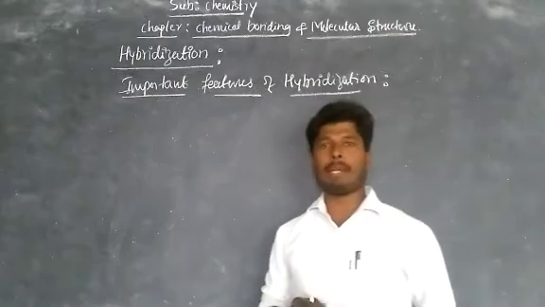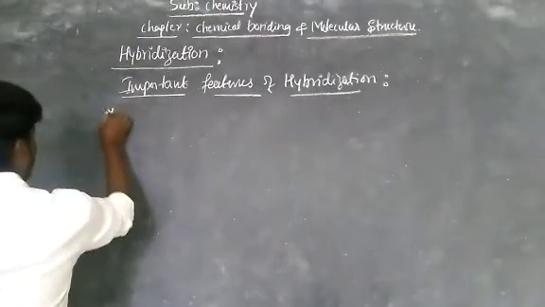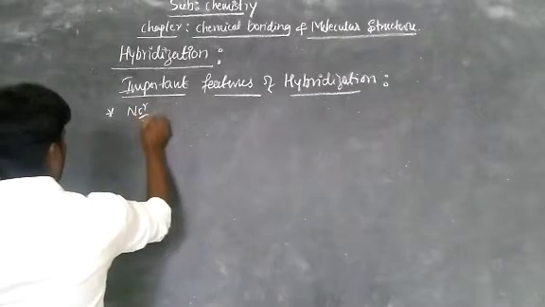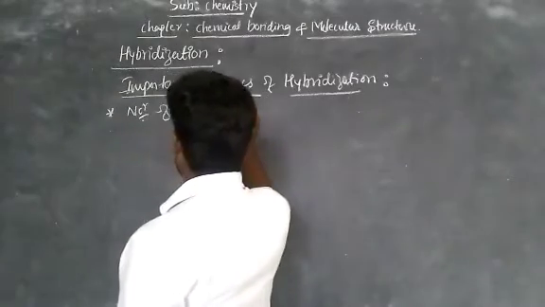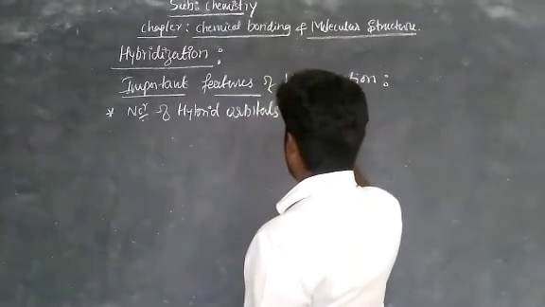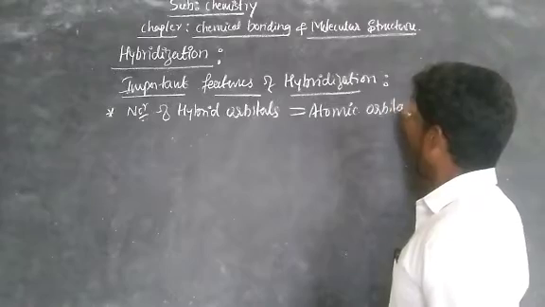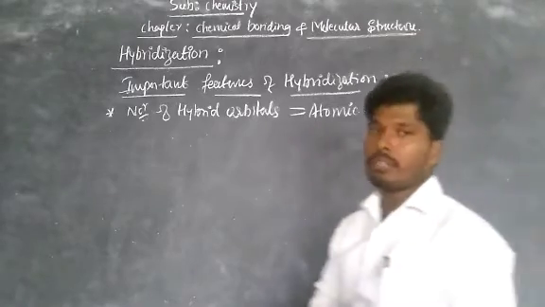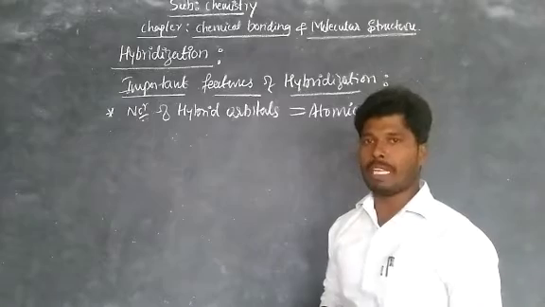The first important feature is that the number of hybrid orbitals is equal to the number of atomic orbitals. So now observe, hybridization is nothing but, as I already told you in the definition, the combining of atomic orbitals of an atom.